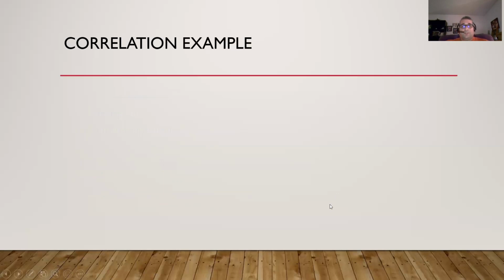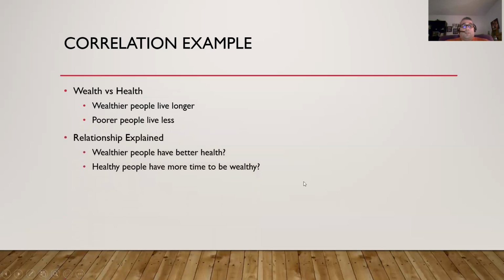An example of a correlation study, which I took out of the book so you can go and read it, is about wealth versus health. A correlation study found that wealthier people live longer than poor people. Why is that? Could it be that wealthier people have better health, or that wealthy people have access to better health care? Or perhaps healthier people have more time to be wealthy.